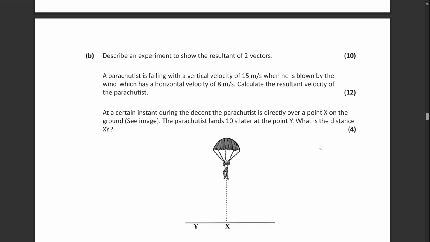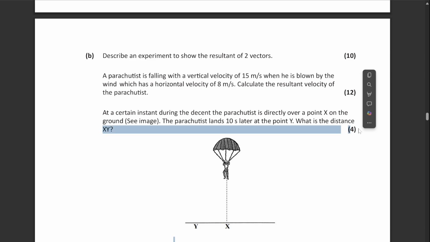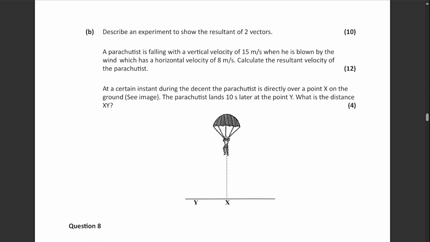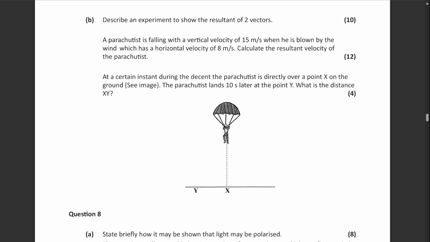Okay. I mean, I guess it's fair for the fact that this one's only 4 marks. It is just a distance speed time calculation, for the fact that the horizontal velocity doesn't change if we're assuming no air resistance. I mean, it doesn't directly say, but you can assume it has no air resistance.